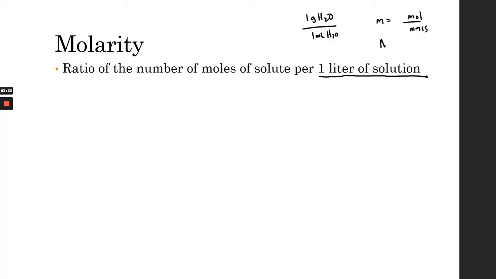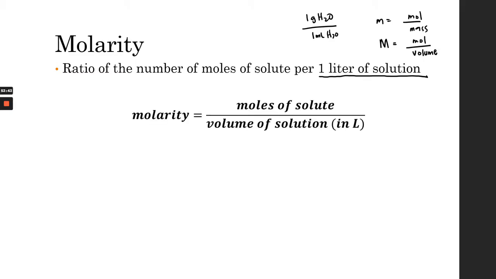In molarity, which is capital M, it is actually moles over volume. So in molarity, we are looking for the moles of solute, but we have to divide it by the volume of solution. In molality, we use the mass of solvent, but in molarity, we use the volume of solution in liters.